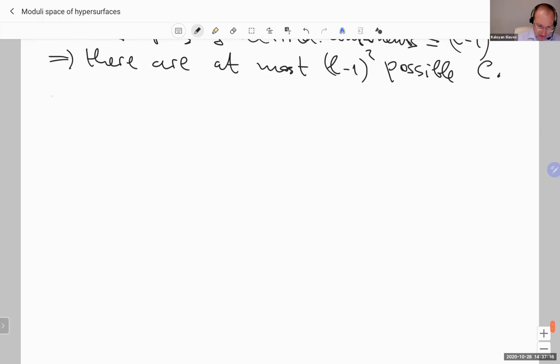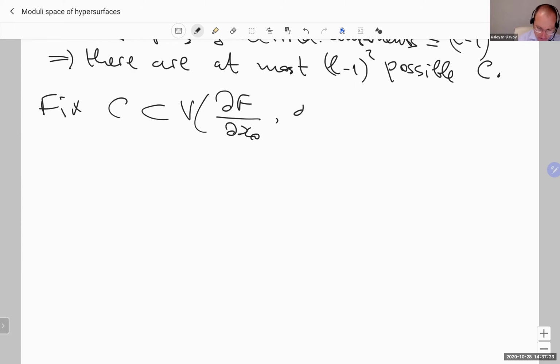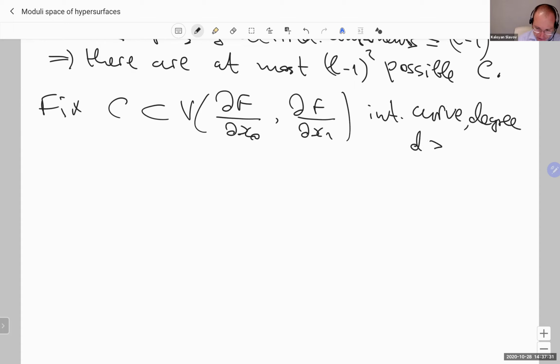Okay, now fix C inside the vanishing of df/dx0, df/dx1, an integral curve of large degree, (L plus 1)/2. We're going to use that it has large degree.